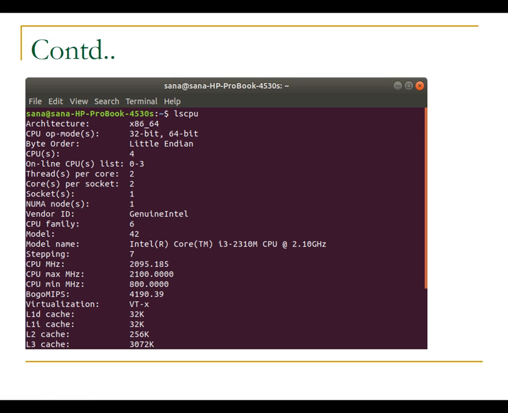As you can see on the screen, first it shows the architecture of the system I have installed right now. It's 64-bit. CPU mode can be enabled in 32-bit as well as 64-bit, and various other things we can see over here. That means the architecture of our computer can be displayed using the command lscpu.